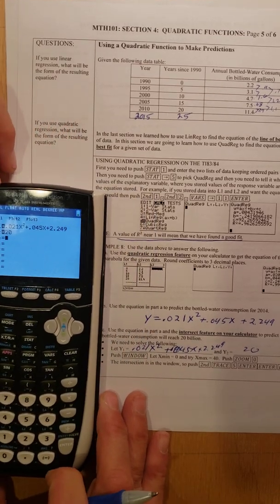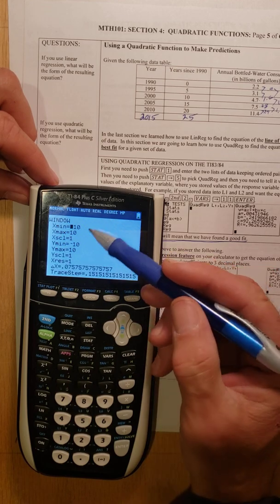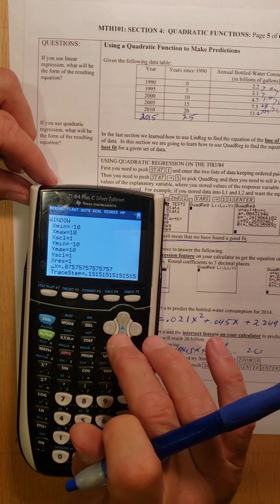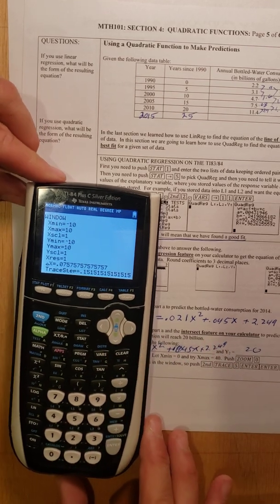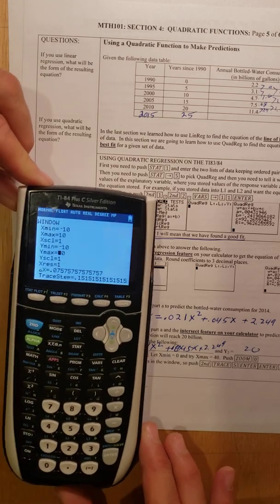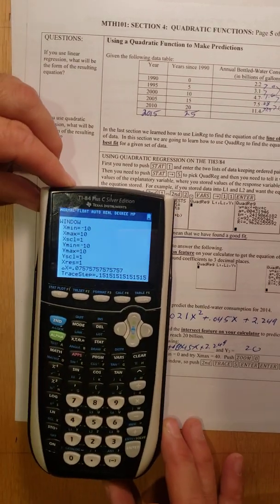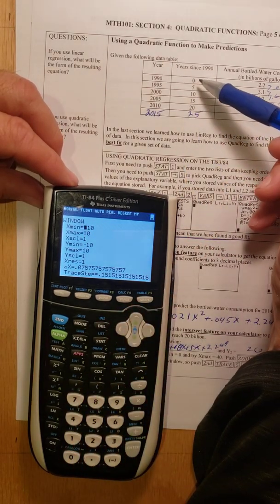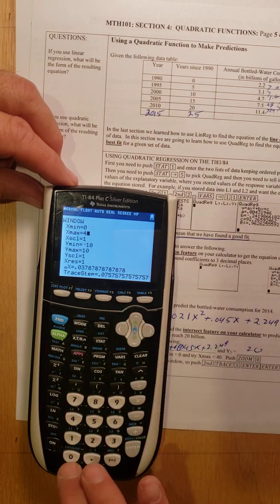Now, I can't use a standard window because my window right now only goes up to 10 on Y. So I need to change this. Let me do my window. X is the years since 1990, so 1990 is 0, and I'll go out for 40 years.